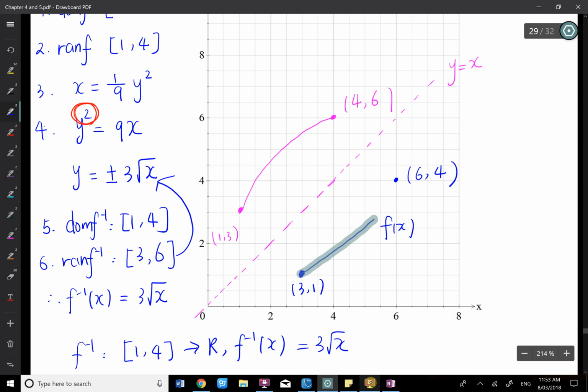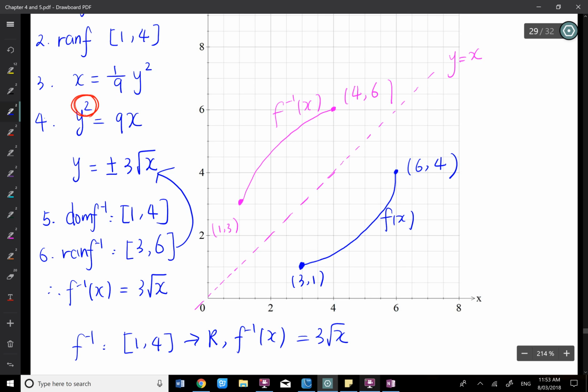No, I can't draw it symmetrical. Okay, that's better. So this is f inverse x. More points will help you, but this is roughly working. It's symmetrical about the line y equals x, and you can see there's no intersection. You're not always going to have intersections.